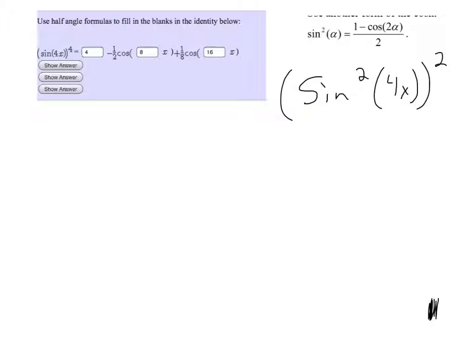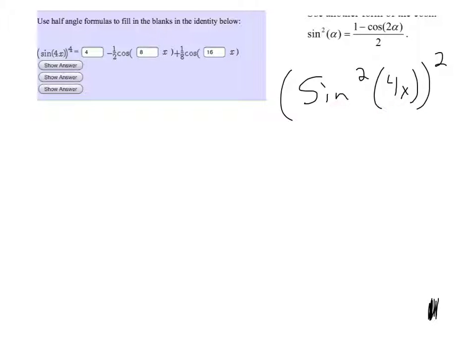So for this problem, we're going to apply a couple of different trig identities to it. I noticed the 4th power bothers me because I haven't worked with any 4th power problems, and I haven't seen any 4th power identities. So what I'm going to do is rewrite this in terms of sine squared squared, because you remember you multiply the exponents when you're raising a power to a power.